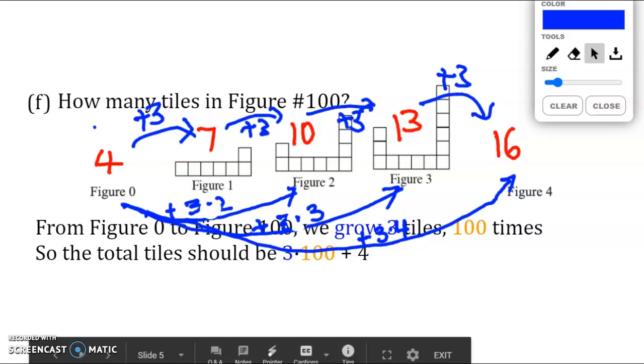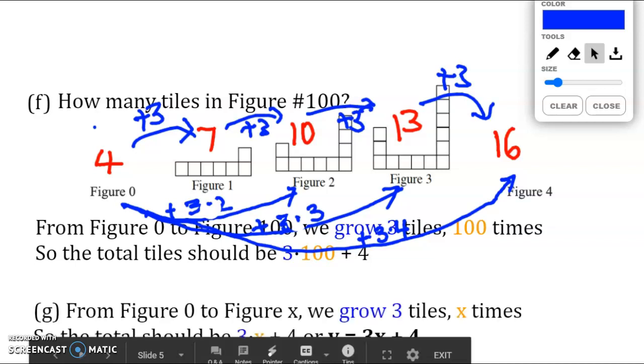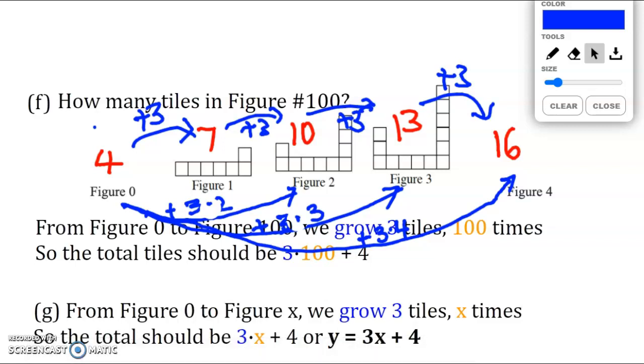But to that we also add what we started off with, figure 0, which is 4. So 3 times 100 is 300, plus 4 is 304 tiles. So we know that figure 100 had 304 tiles.